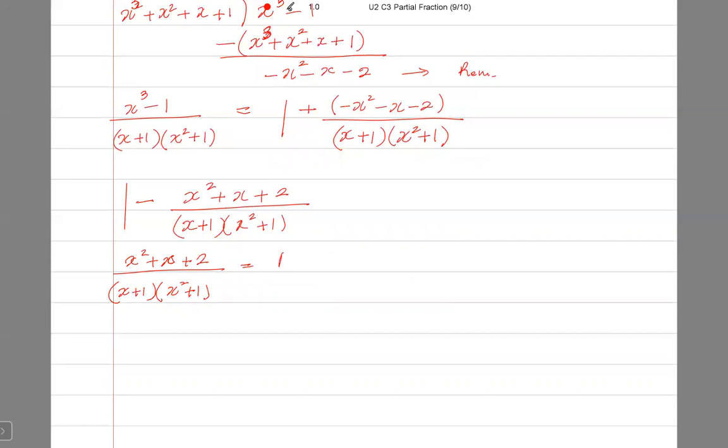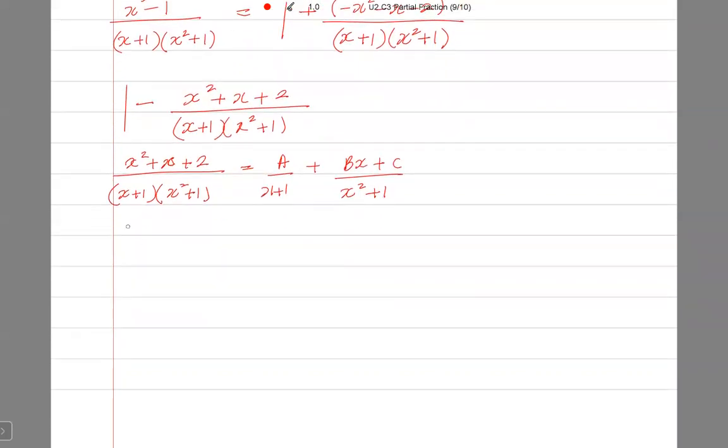This is going to be a over x plus 1 plus bx plus c over x squared plus 1. I'm going to multiply the entire equation by the denominator on the left.